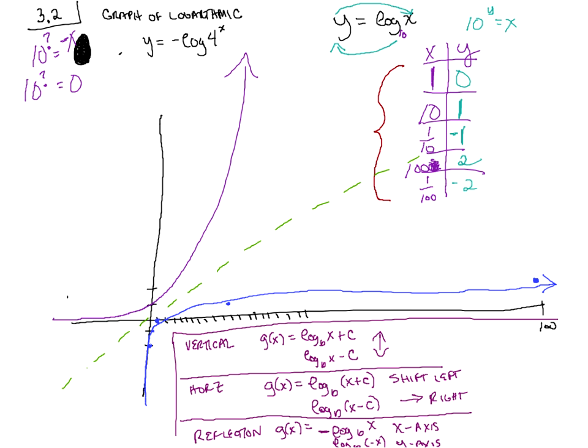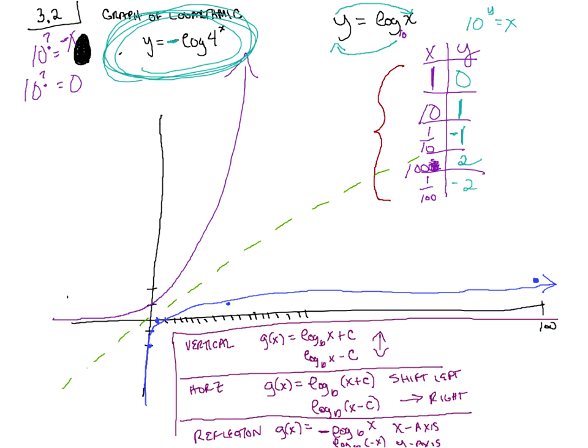So the one you came to us with, we can see this thing right here is going to reflect across the x-axis, and the only thing we have left to talk about is horizontal stretching and shrinking. So that's the only thing that 4 could be, either a vertical stretch or shrink or a horizontal stretch or shrink.